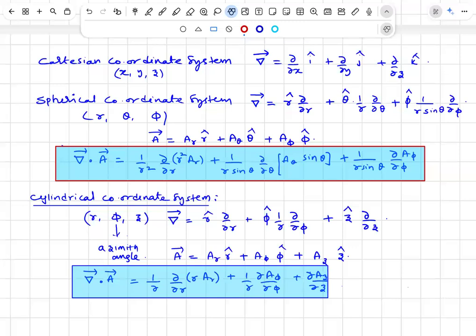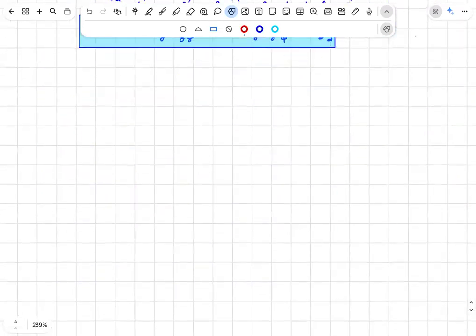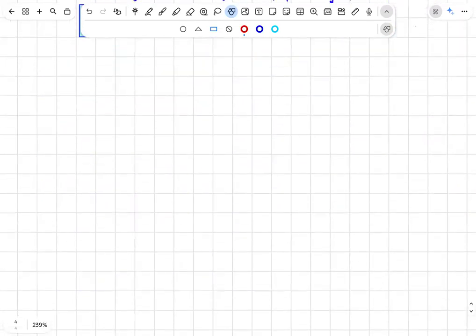Right. Next, what we are going to do is discuss some conditions. With this, I'll close the thing. These are called boundary conditions.